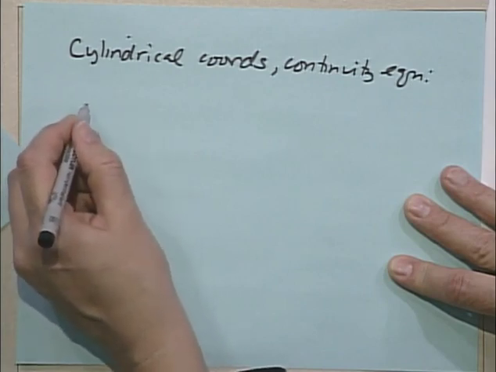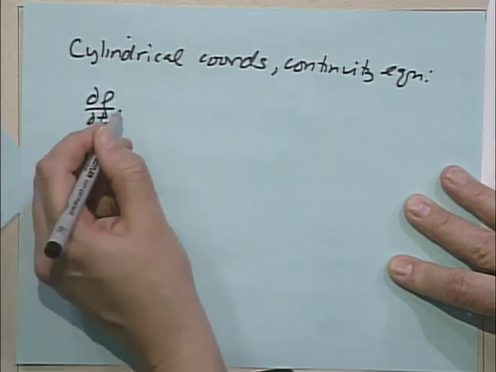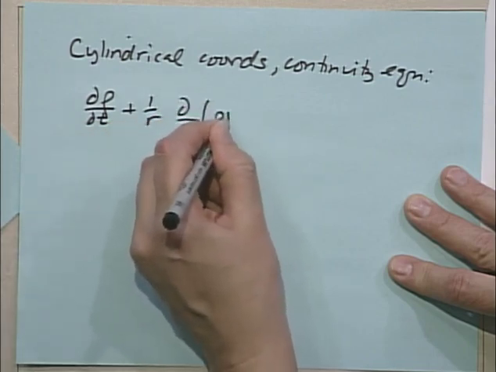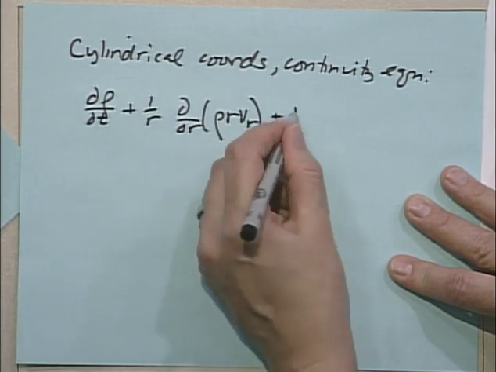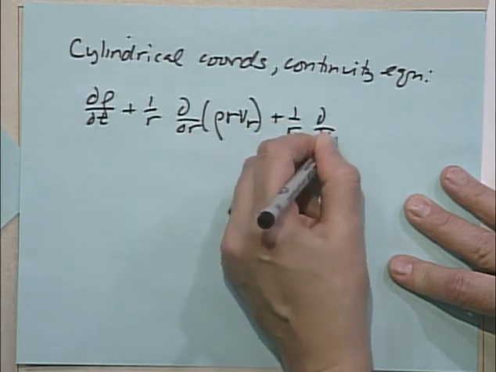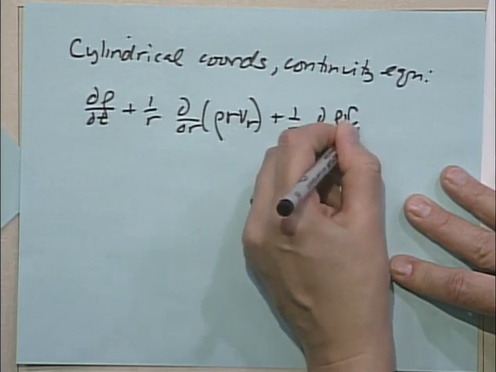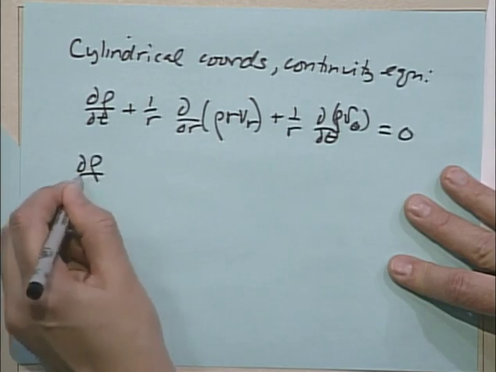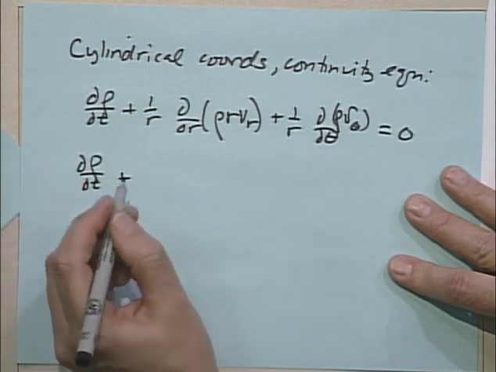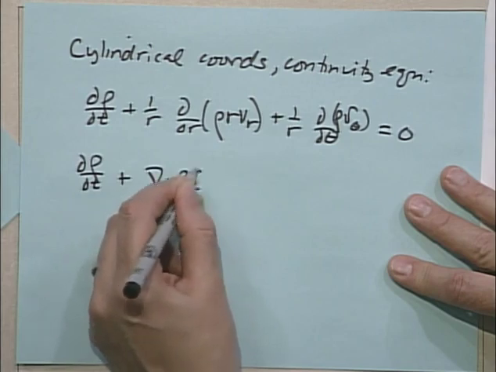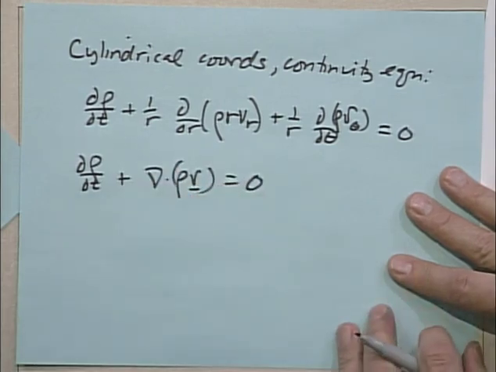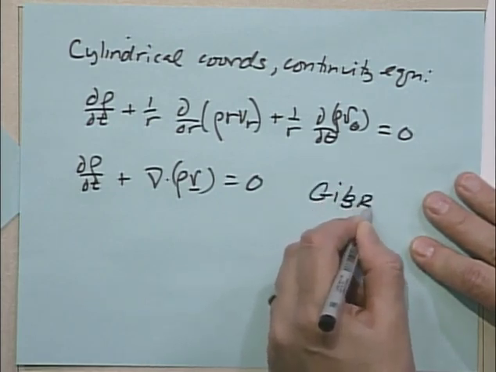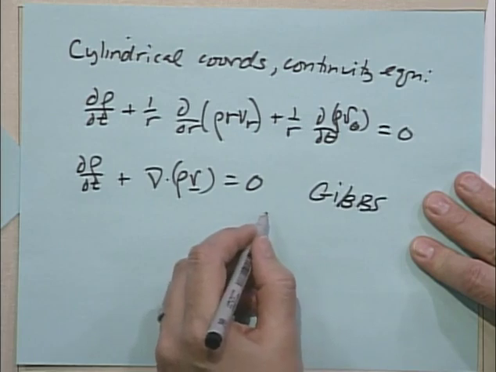It's d rho dt plus 1 over r d by dr of rho r vr plus 1 over r d by d theta of rho v theta equals 0, which is d rho dt plus del dot rho v equals 0. So this is Gibbs. Gibbs is easy to understand.